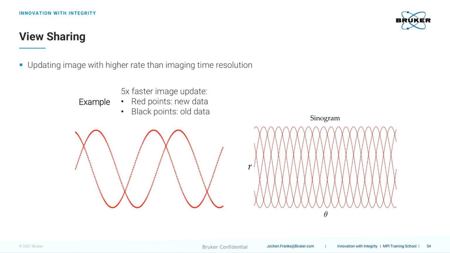As soon as the sinogram is filled once, we can update and reconstruct this partially updated sinogram again. And this would be, in this case, a 5 times faster image update, while the data are from a longer period. But still, we can increase the reconstructed time series by doing so by a few share. So that's a very, very short one.